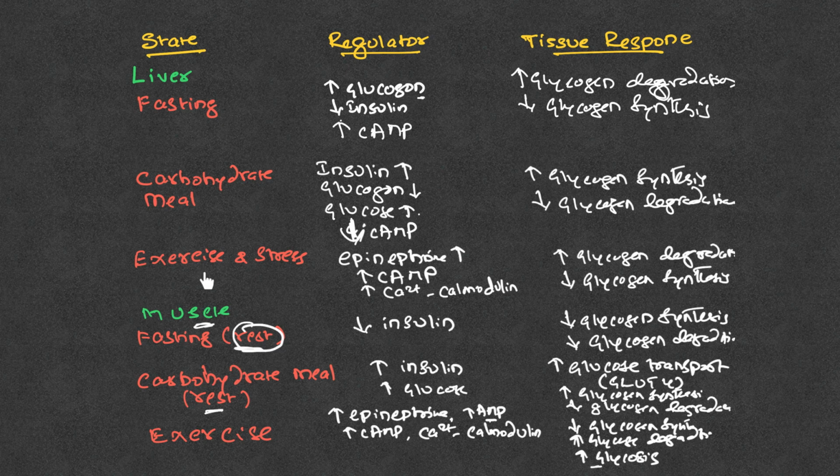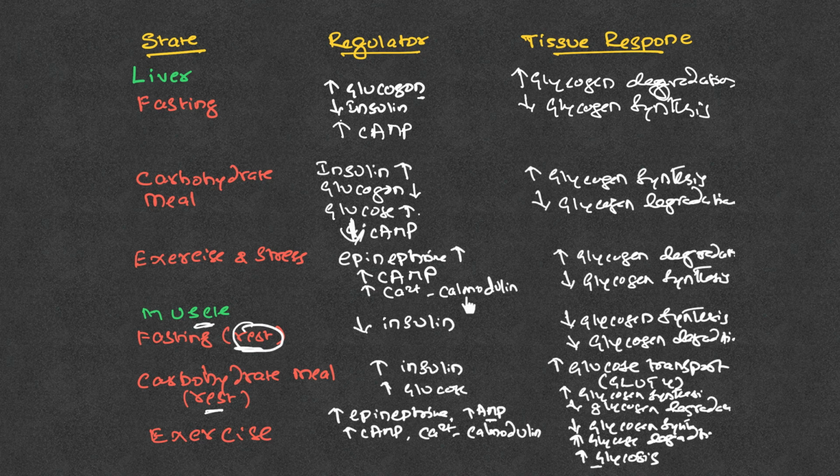When the person is exercising or in a stressful situation, the regulator is epinephrine. So, epinephrine levels increase, and epinephrine binding to the beta receptor on the liver will increase cyclic AMP again through adenylate cyclase and all that mechanism. And if the epinephrine binds to the alpha receptor, it is going to activate the phospholipase C enzyme, which will break down PIP2 into IP3 and DAG, and IP3 releases calcium from the endoplasmic reticulum.